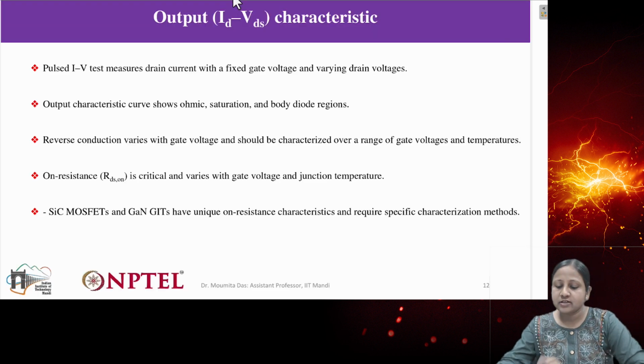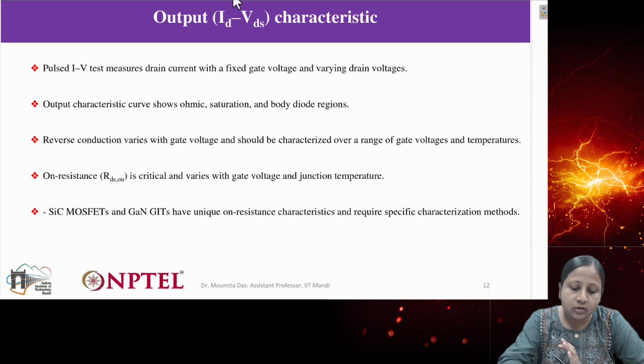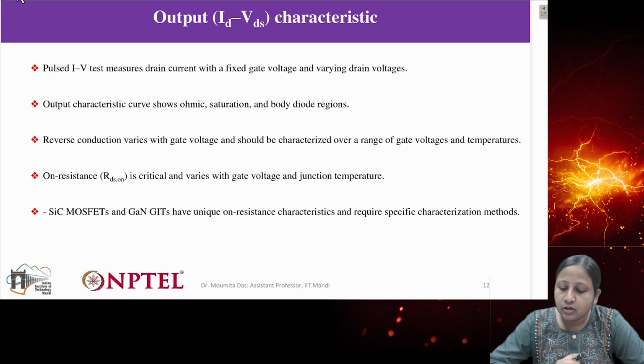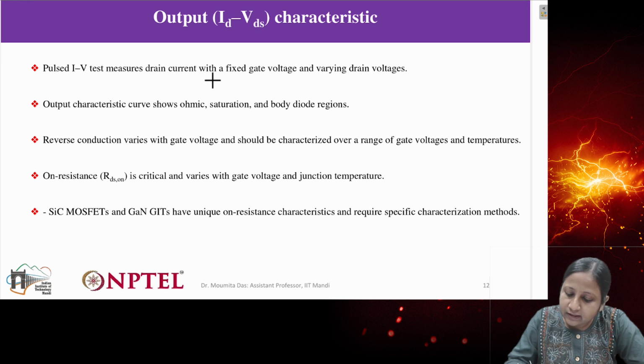The first characteristic is ID versus VDS. With a fixed gate voltage and varying drain-to-source voltage, we can characterize the drain current by this method. The output characteristics cover the ohmic, saturation and body diode regions.